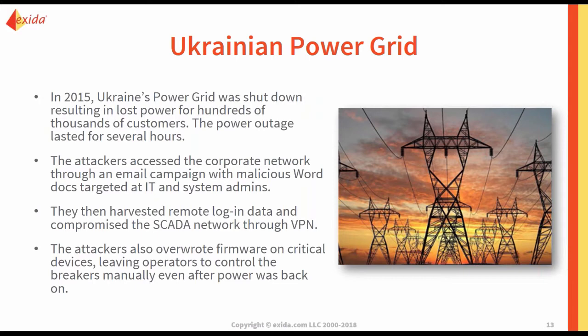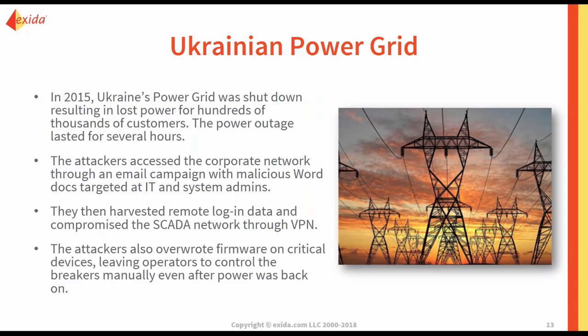So they not only shut down power for hundreds of thousands of customers, but they also left the devices that the operators were using fully compromised. The operators had to control the breakers manually even after the power was back on. And so again, all of this is costing time and money to the corporation, and it's a big deal.